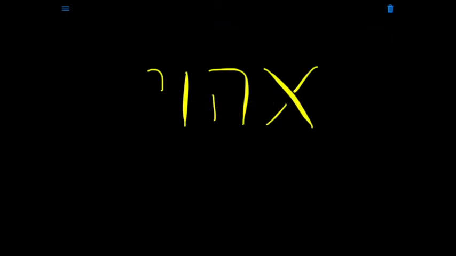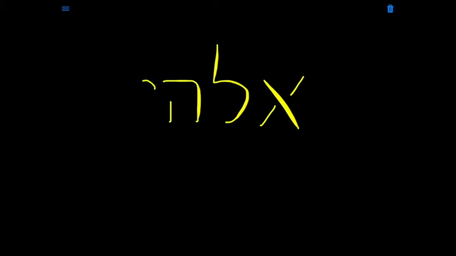Now let's think about quiescent letters, and these are aleph, hey, wow, and yod. They're very weak letters, and so sometimes they disappear altogether in pronunciation. Let me give you an example or two.